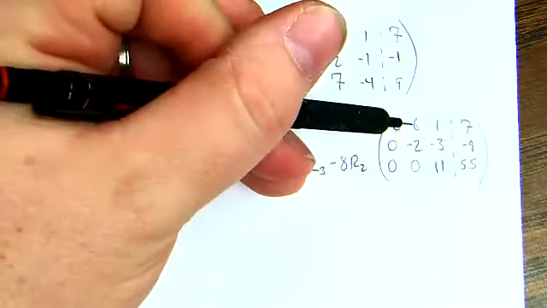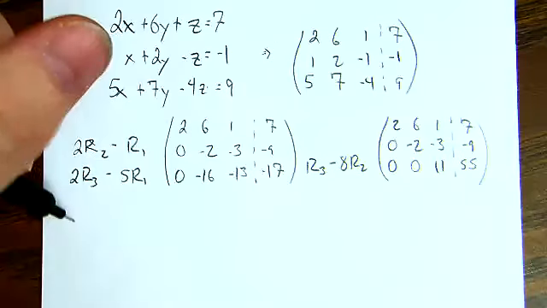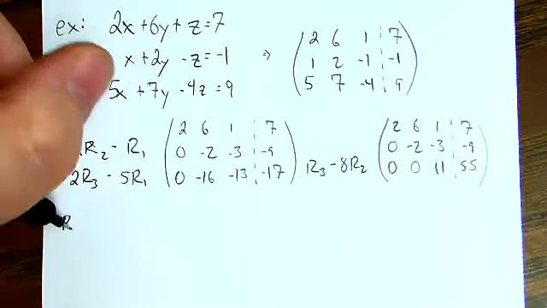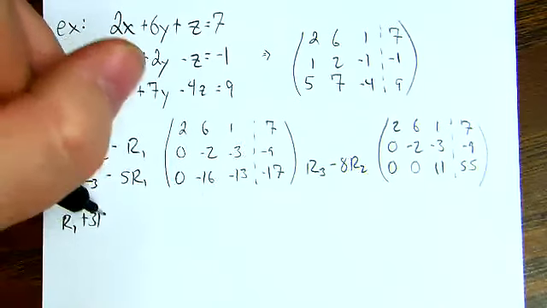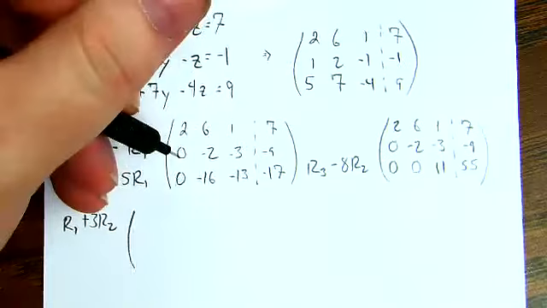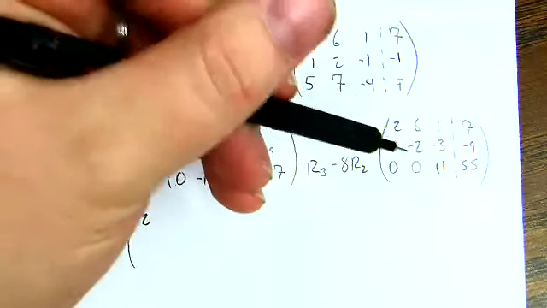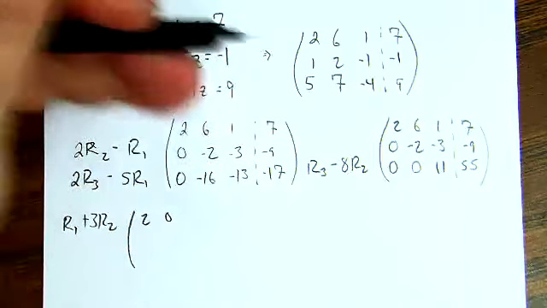So I'm going to get rid of this negative 6 by adding 3 of row 2. So I'm going to take row 1 plus 3 row 2. So I've got 2 plus 3 times 0 is 2. I've got 6 plus negative 6 is 0.